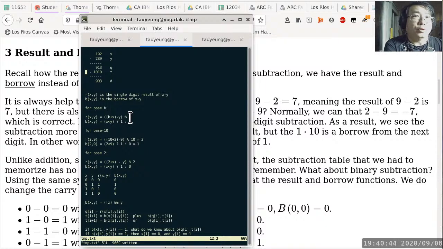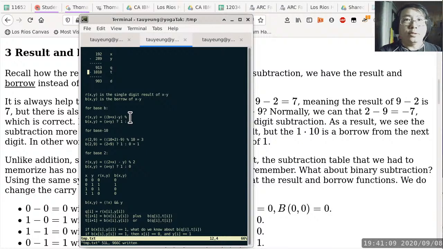We typically do not write the borrow on its own row when we perform subtraction, just like we don't typically write the carry on its own row when we perform addition. But for the purposes of deriving the circuit, it is helpful to see the borrow on its own row. So T is basically just a row of borrows.